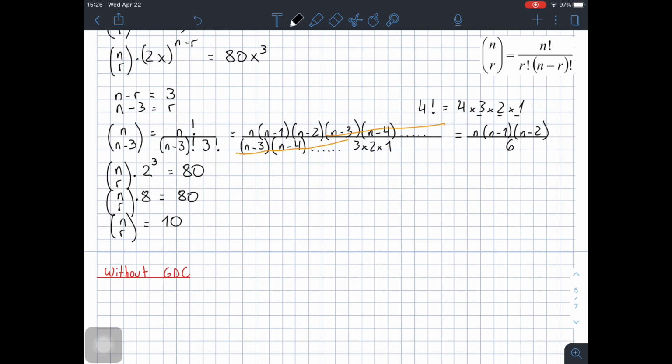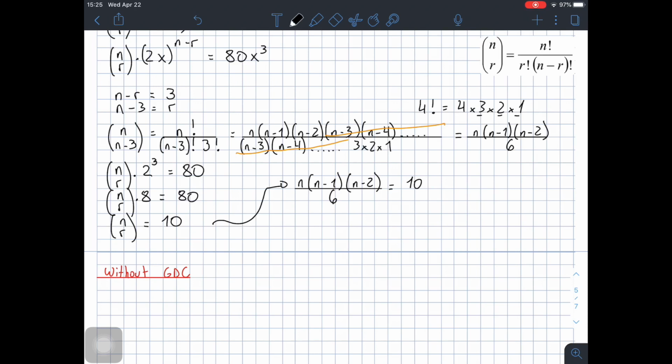So let me do that right here. We would say that n times n minus 1, this is a little bit long, times n minus 2 divided by 6 should be equal to 10. And then we need to solve this.